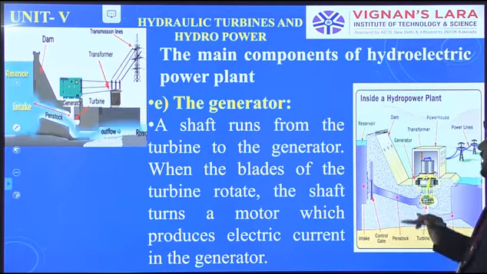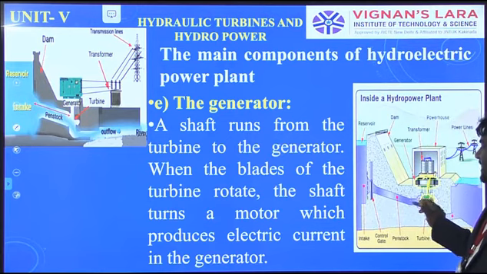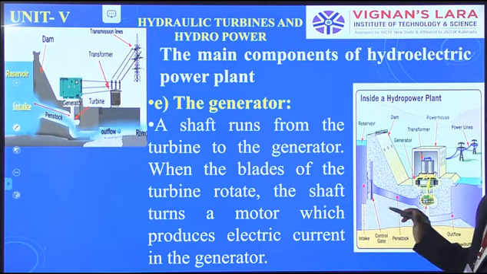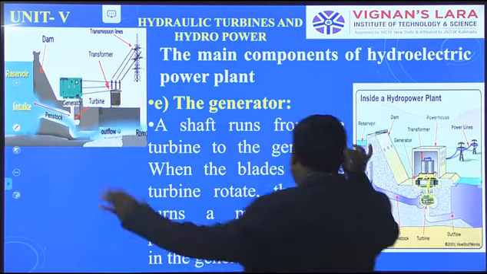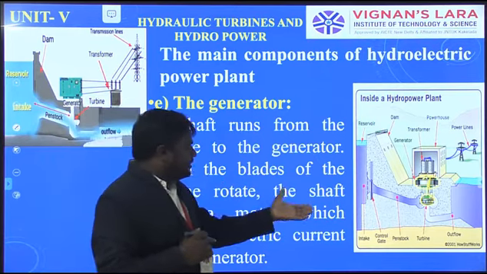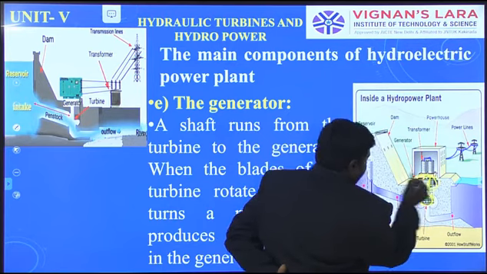When the blades of the turbine rotate, the shaft turns a motor which produces electric current in the generator. So here we see the shaft running from the turbine to the generator.